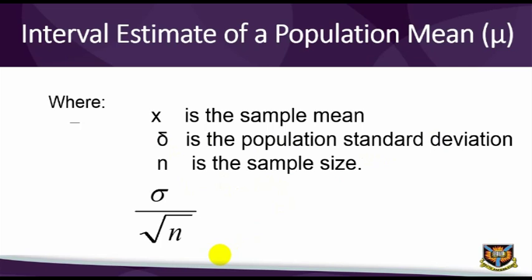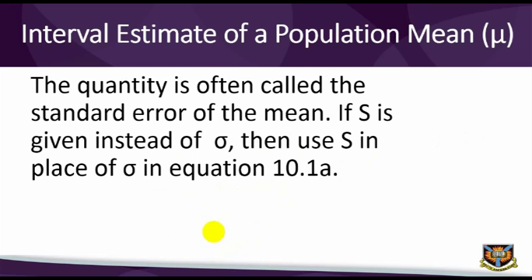The quantity sigma over square root of n is often called the standard error of the mean. If s is given instead of sigma, then use s in place of sigma in equation 10.1a. Example 10.11.